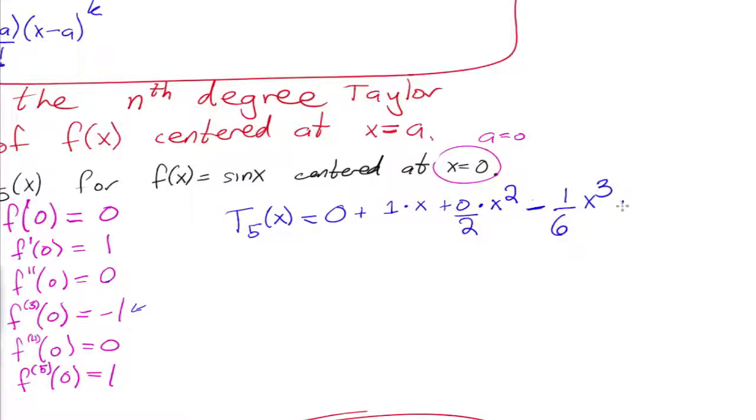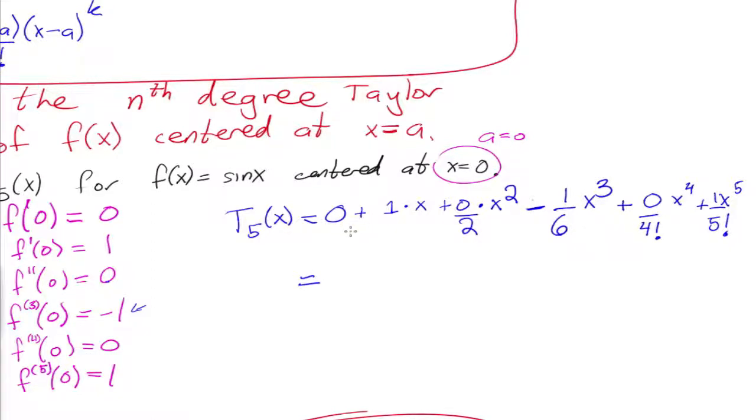Okay, and then the next one is going to be 0x to the fourth over 4 factorial, right? And then the next one is going to be plus 1x to the fifth over 5 factorial. And so then, of course, you can keep going, right? Can you guys see what the next term is going to be? x to the 6 over 6 factorial, and then x to the 7th over 7 factorial.